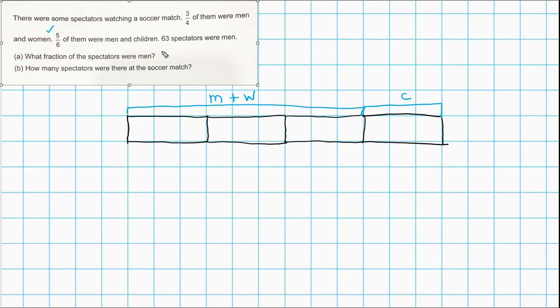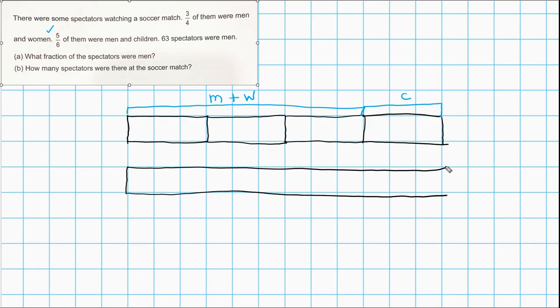Okay. So now, you don't need to draw another bar, but I think just to make it easier, I will. So I'm going to draw another bar. Okay. And it's the same size because it represents the same number of people, because this, again, represents all of the spectators. But this time I've split it into 6 parts.